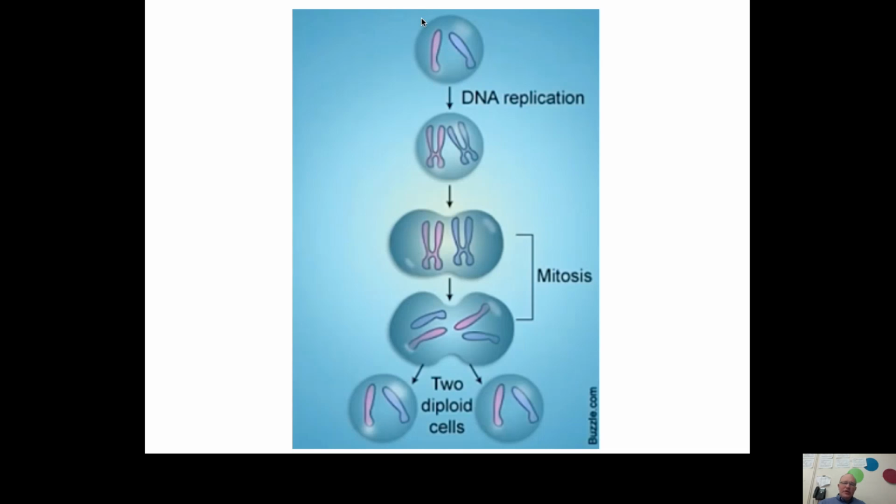Another term we haven't really talked much about is homologous chromosomes, which all that means is that you have a copy. You have two sets of chromosomes, one from mom, one from dad. That is in each one of our cells, we have a homologous set of chromosomes.